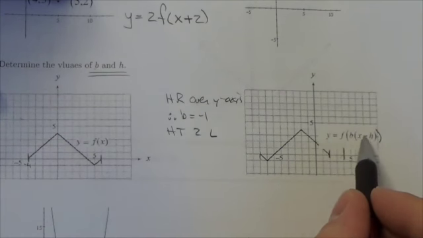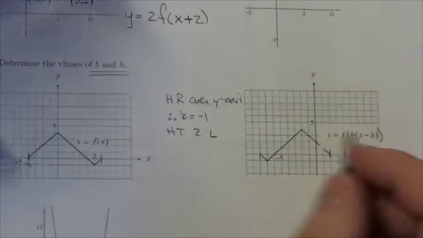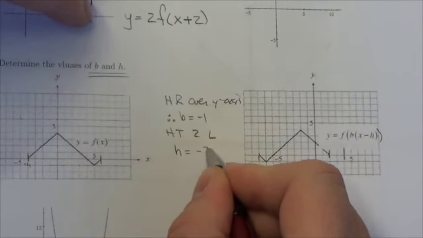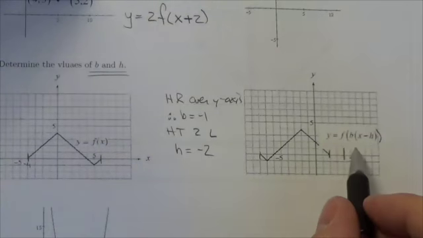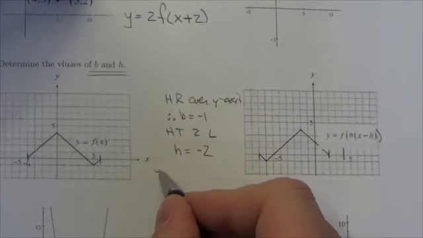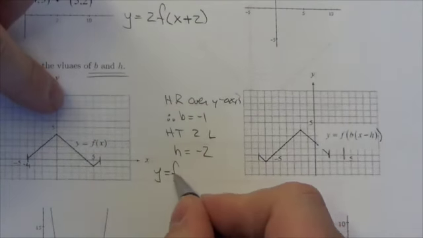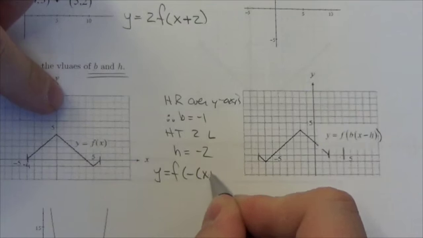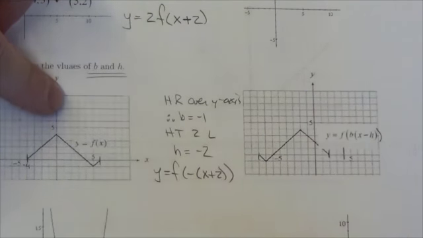However, there is a negative sign in there. So the only way I can get that to become a +2 is if h is in fact -2 all on its own. And then that becomes x minus -2 or x plus 2. So my function here should be f of -x plus 2. That's what they're looking for.